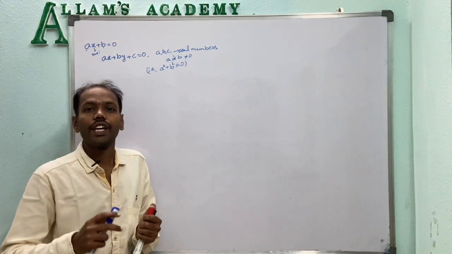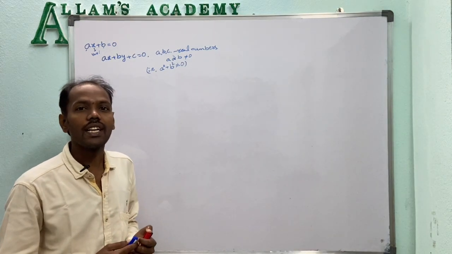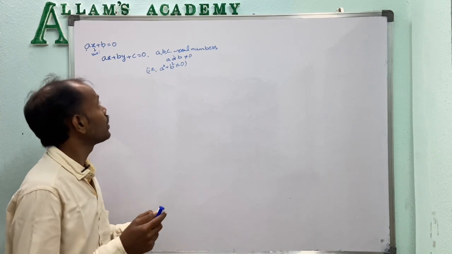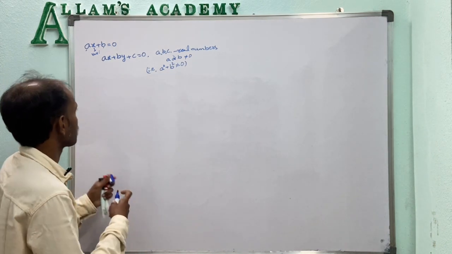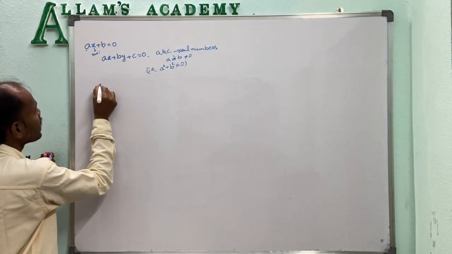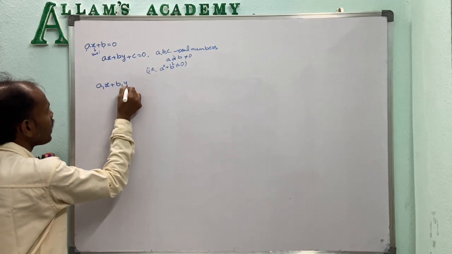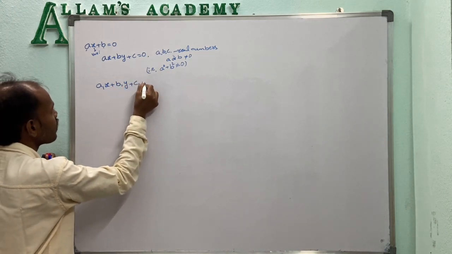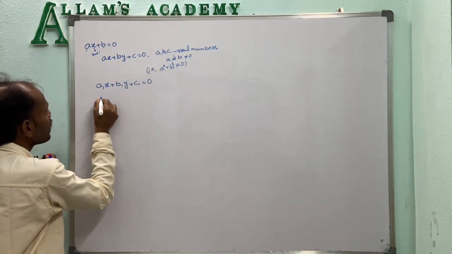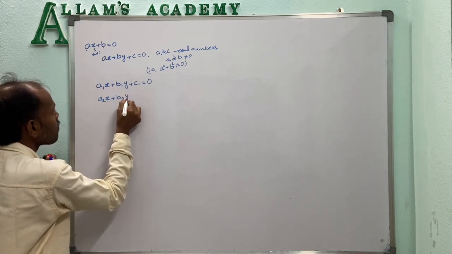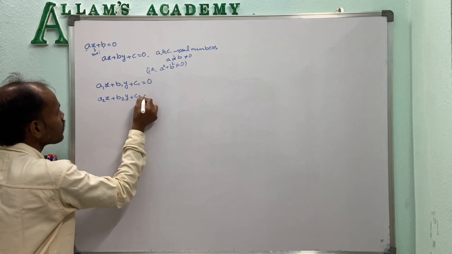If we want to say a pair of linear equations in two variables, then we can take a1x plus b1y plus c1 equal to 0 and a2x plus b2y plus c2 equal to 0.